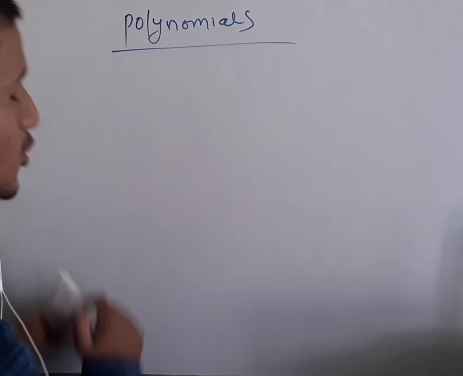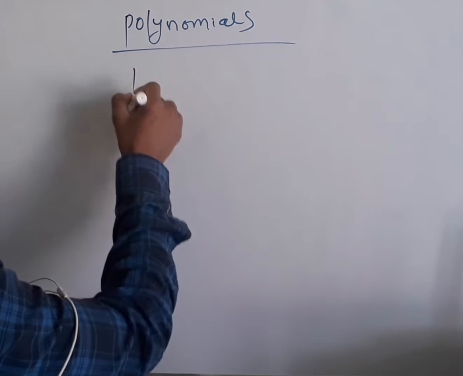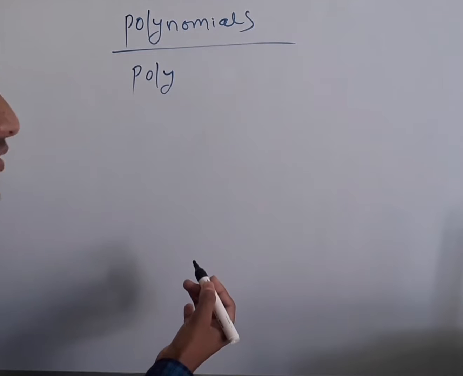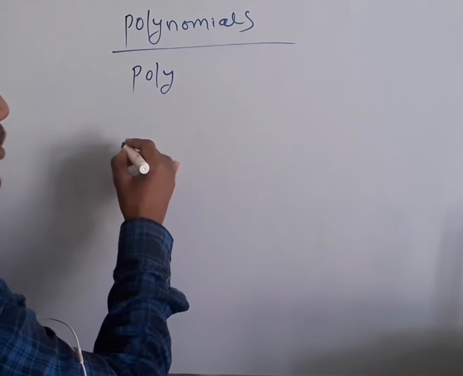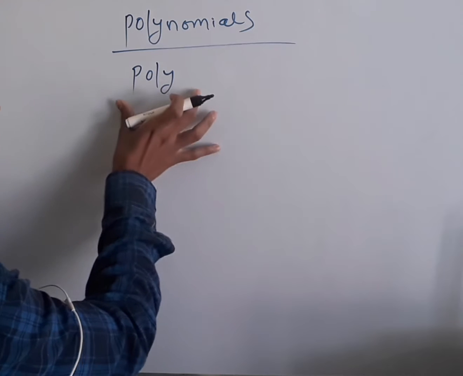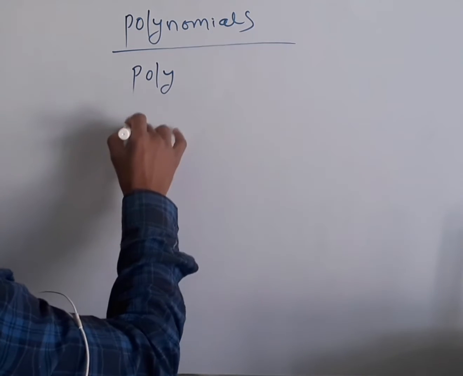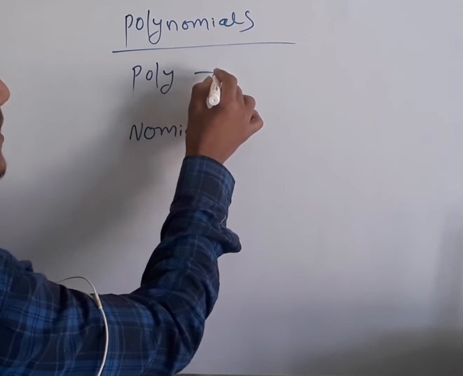So today's topic, polynomials. What are polynomials? If you understand the etymological meaning, then most of this is clear, though even the etymological meaning won't tell you the whole picture. It comes from two words, poly and nomial.